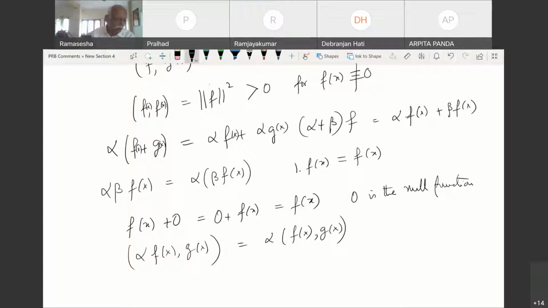And I also showed you how the norm of f squared is greater than 0 only for f of x not equal to 0.